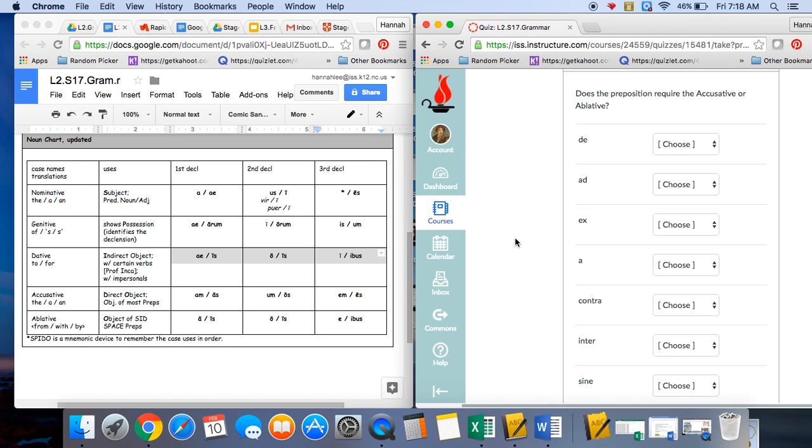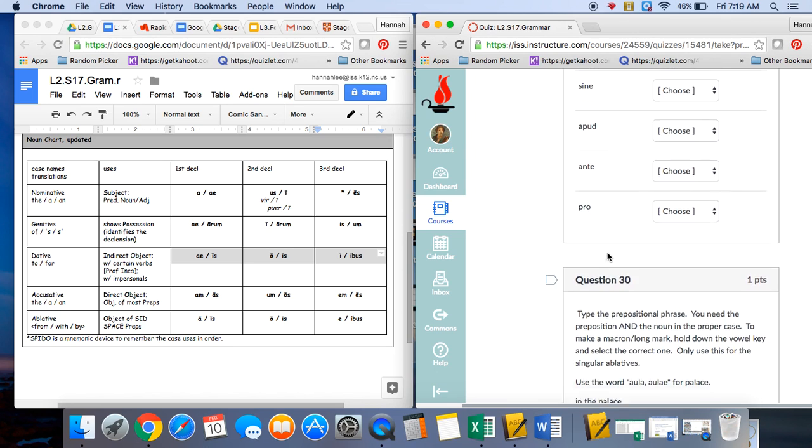The S for SPACE is sine. The P in SPACE is pro. The A or AB is for the A. CUM is for the C. And E or EX is for the E of SPACE. So if you have sub, in, de, sine, pro, a, ab, cum, e, or ex, then you use ablative. Okay, so AD was not one of them, so this should be accusative.